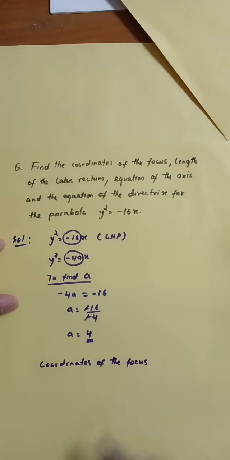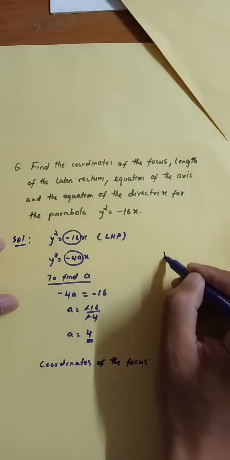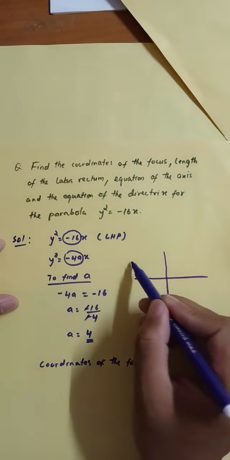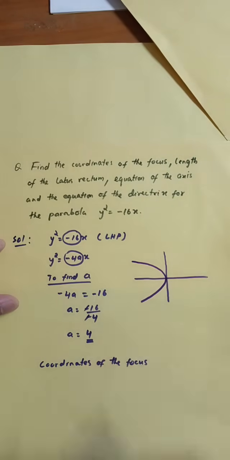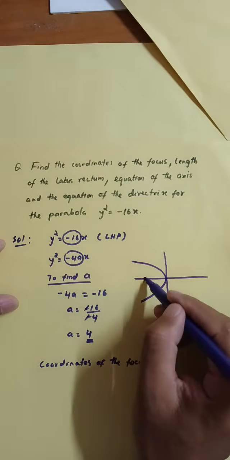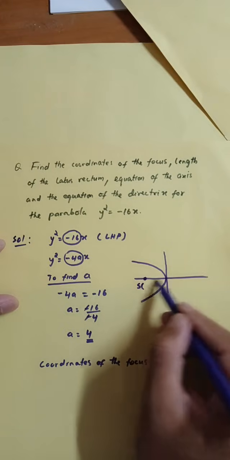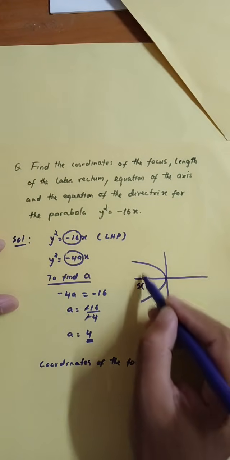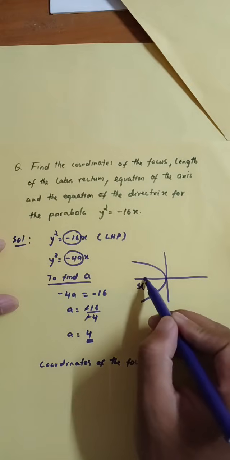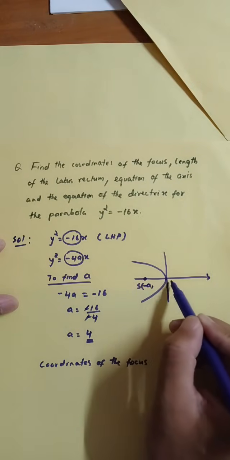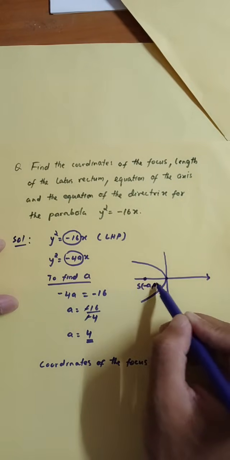So I'm going to find the coordinates of the focus of my left-handed parabola. Memorize the properties of the left-handed parabola. This is my left-handed parabola, and the focus is on the x-axis. The coordinates will be negative a, because we are towards the left-hand side of the origin, and 0.